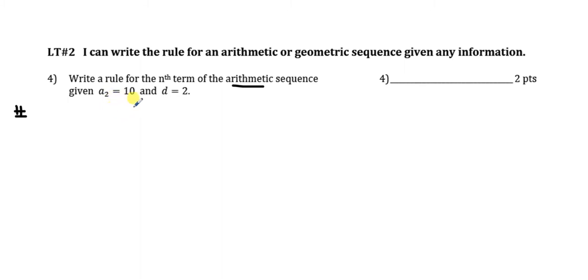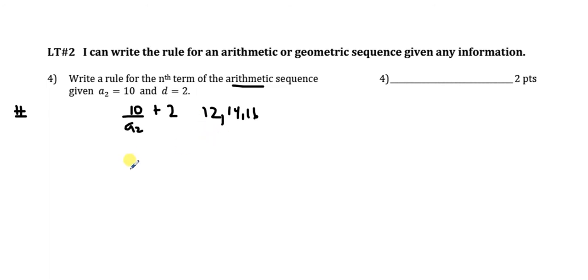But if you think about it, there's a first term, a1, a2 is 10, and then we're adding 2. So a3 would be 12, then 14, 16, and so on. a1 is going to be 2 less, so you subtract 2 from it.